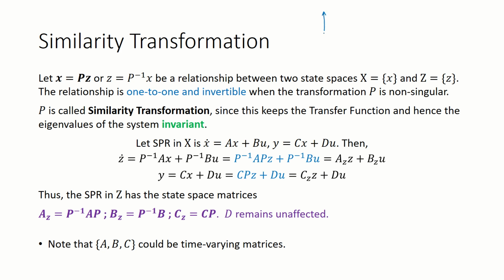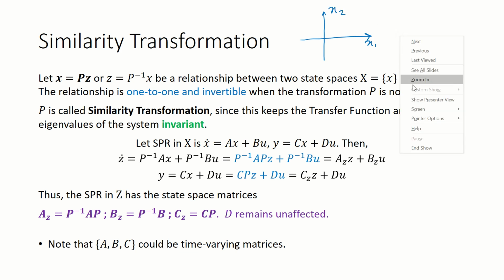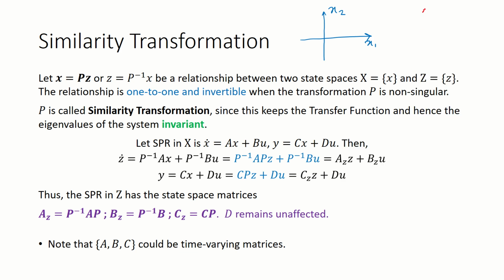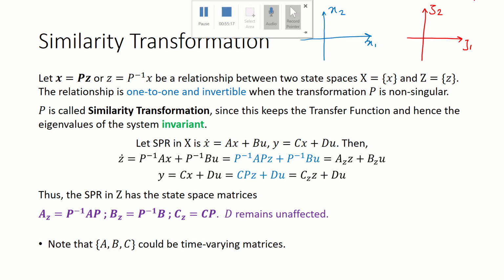So here we have x1, x2, and here we have z1, z2. So these are completely different state spaces.